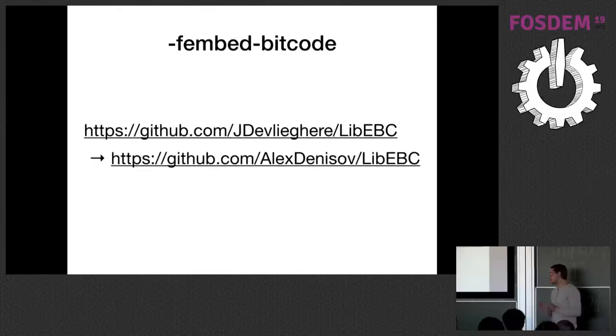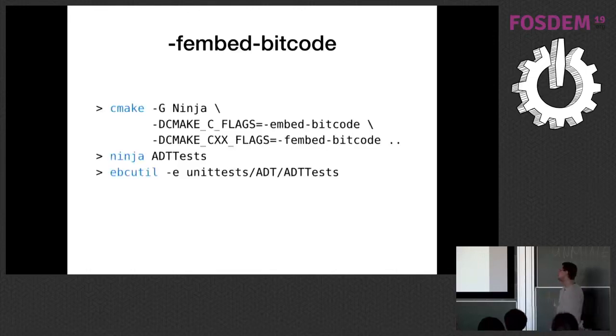Super straightforward. I will be upstreaming the patches soon, so the original version should get the support if we agree with the maintainers. Otherwise, you can check it out. These are examples of how it works. You just call ebc-util, and then you get a bunch of bitcode files, or you just call the tool.